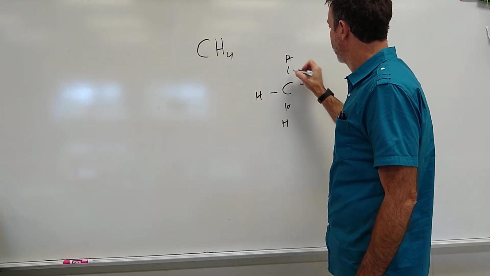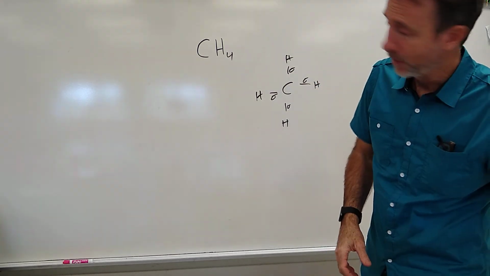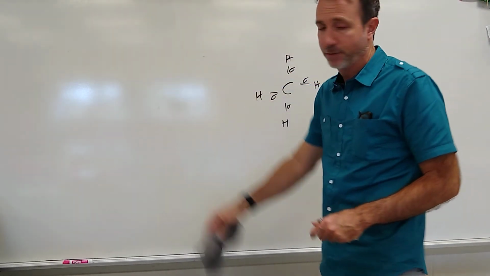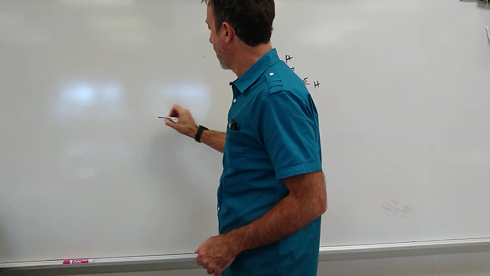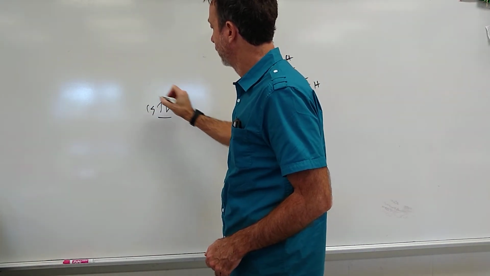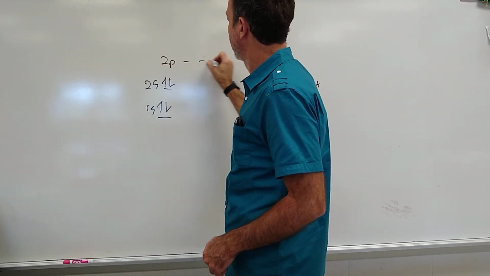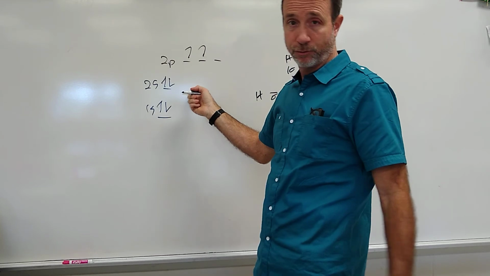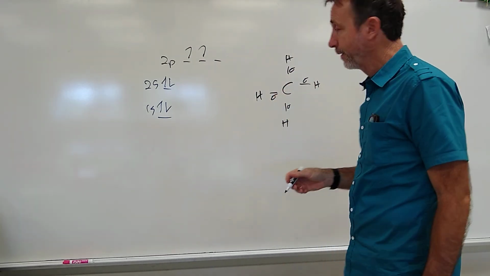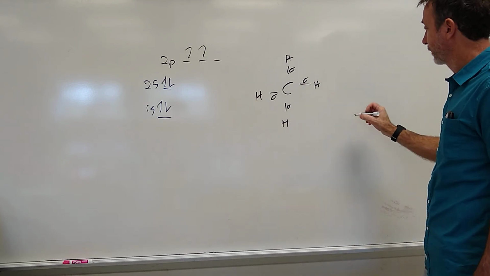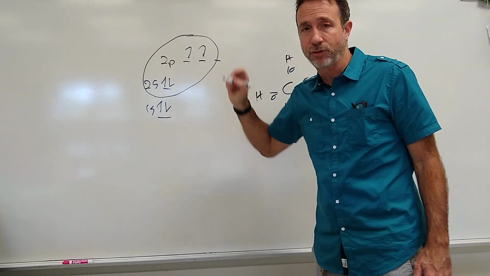Now, let's go one step further. Sigma, sigma, sigma, sigma. Okay. So if we were looking at these sigma bonds, what would the hybridization of this carbon be? It would start out 1s2, 2s2, 2p2. That's it originally. But now we see we have 1, 2, 3, 4 sigma bonds. Now a sigma bond is a combination of the 2s and 2p orbitals.